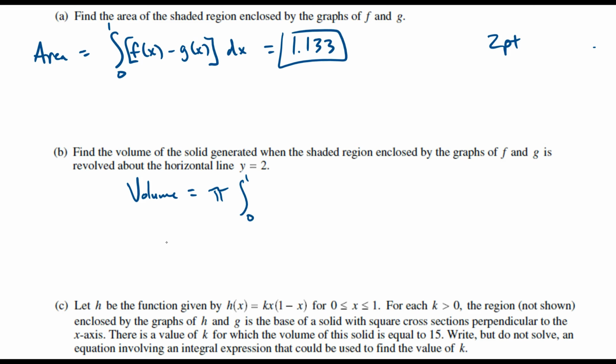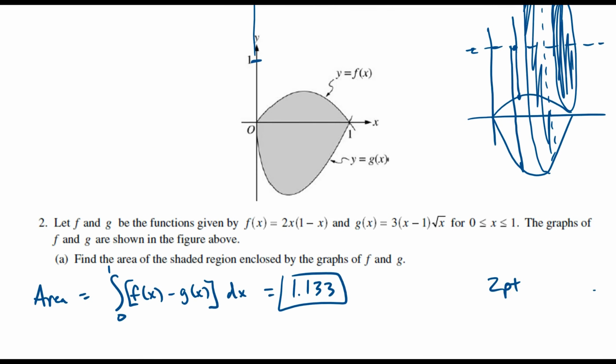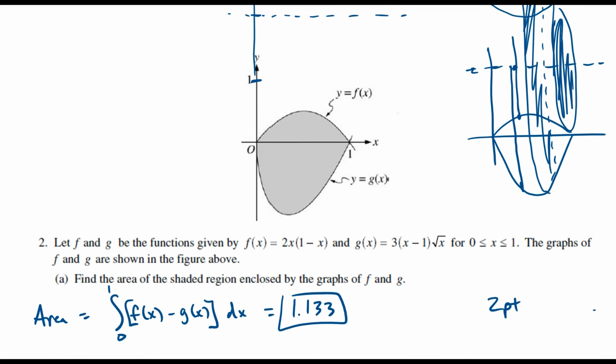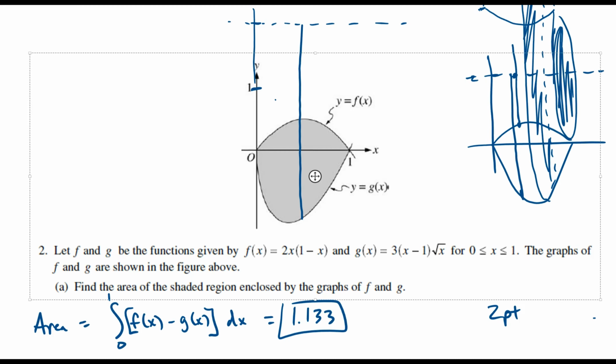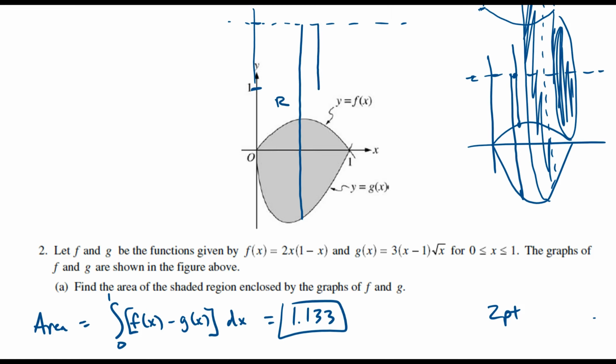Those are our bounds in this case. And my outside curve is the distance from 2 all the way down to the outside curve g. That's going to be big R. And then little r is the distance from 2 to my f function.